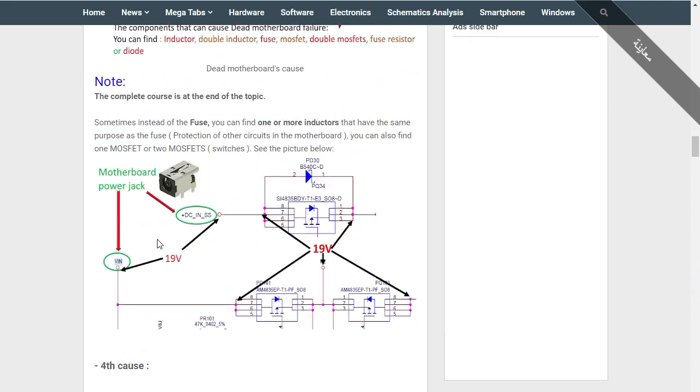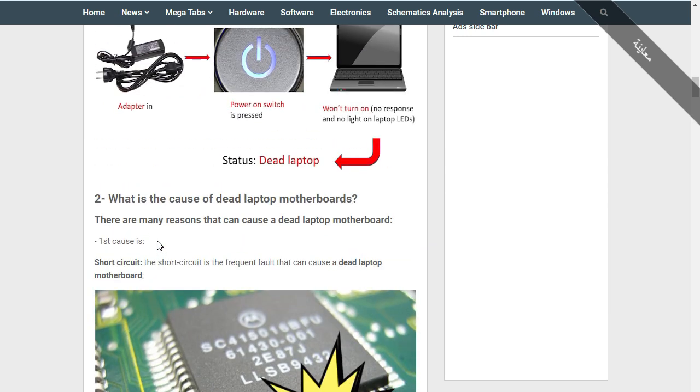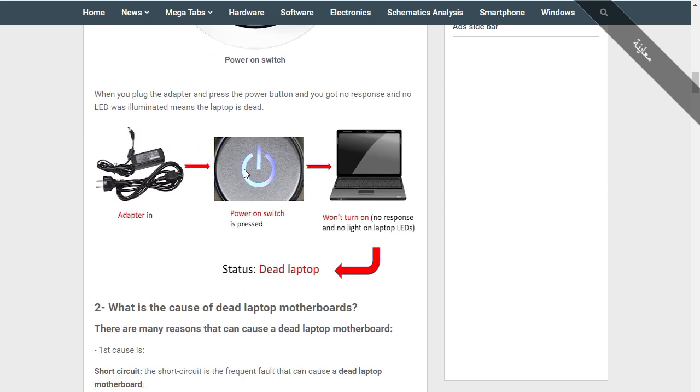Okay, so let me show you. So here we have the power button, the power switch of the laptop. You can use this technique. You can just push the power button and hold it about 20 or 30 seconds after removing the battery and the power adapter.